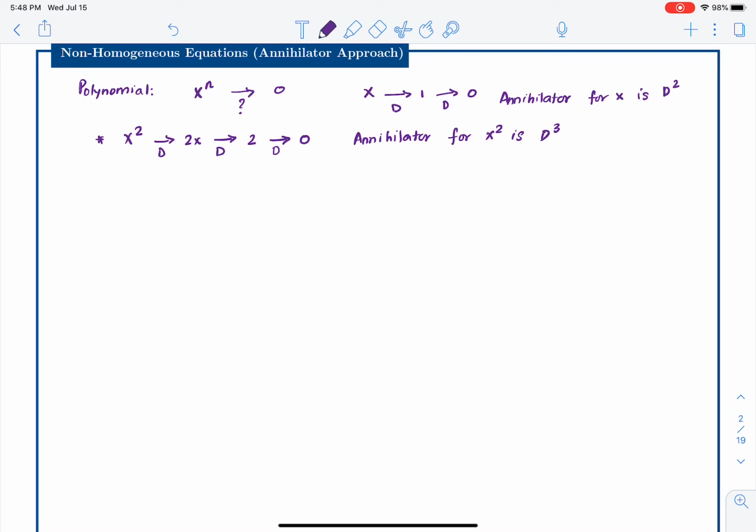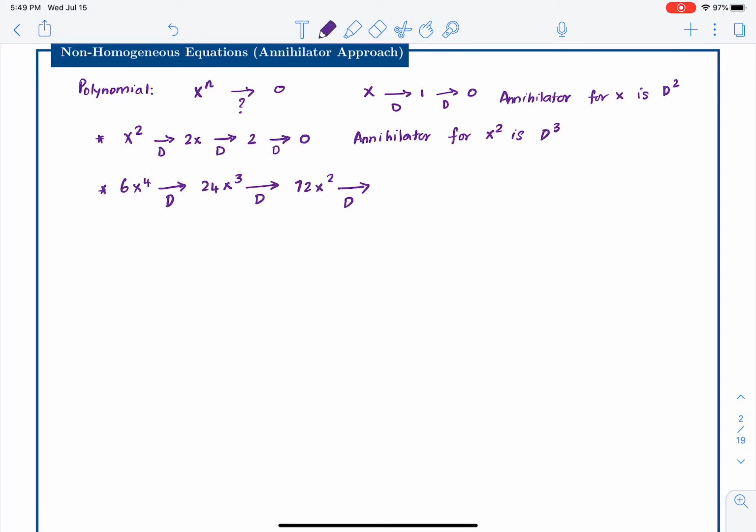Let's say we have 6x raised 4. The first time we apply the derivative, we get 24x raised 3. The second time we apply the differential operator, we get 72x squared.